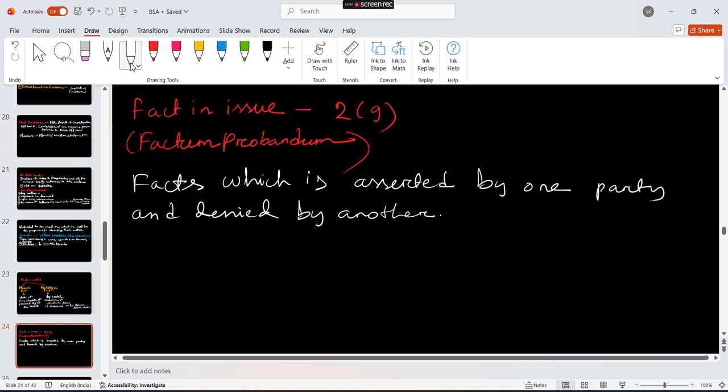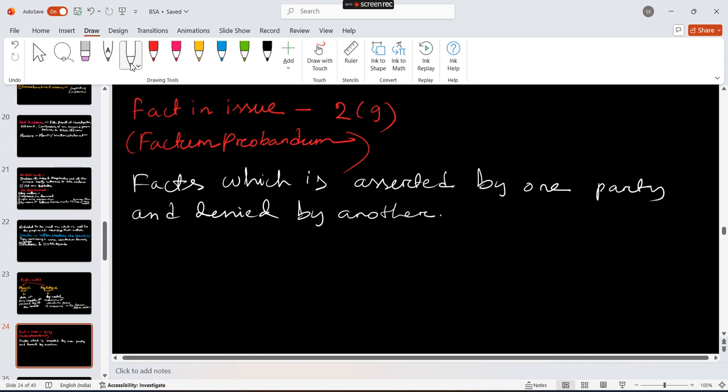The last thing is whether A received any grave and sudden provocation from B, which affected A so much that he caused B's death. I am just putting forward some hypothetical situations.